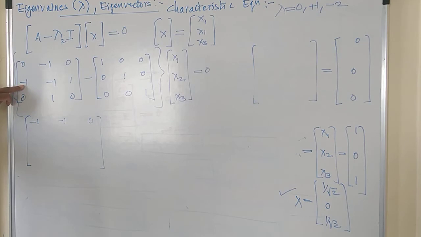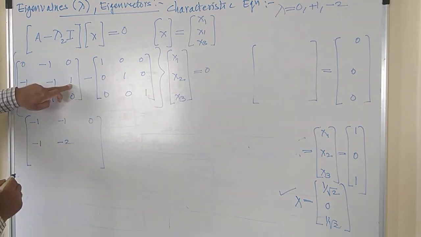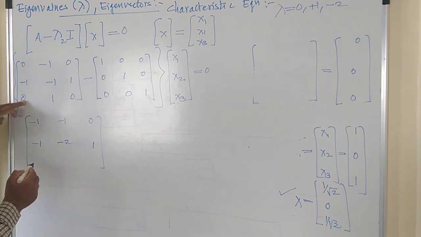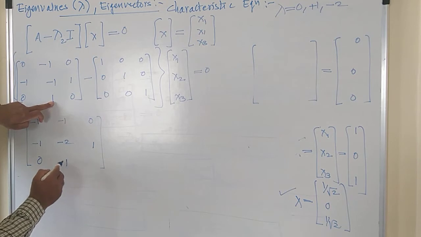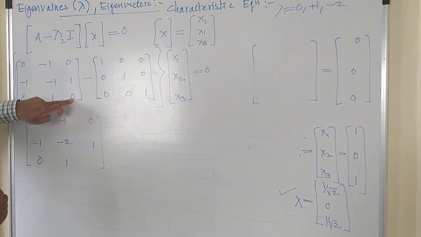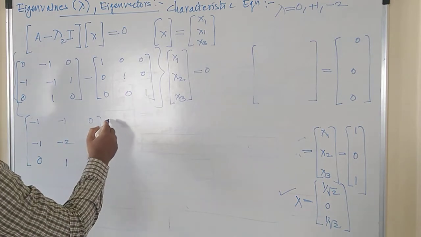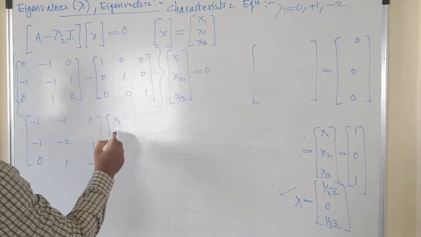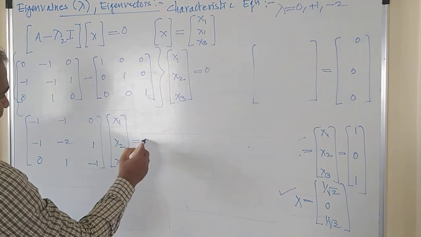The second row is minus 1 minus 0, here you will get minus 1, minus 1 minus 1, here you will get minus 2, and 1 minus 0 is 1. Here you will get 0, 1 minus 0 is 1, and here 0 minus 1 is minus 1, multiplied by this vector x1, x2, x3 equals to 0.